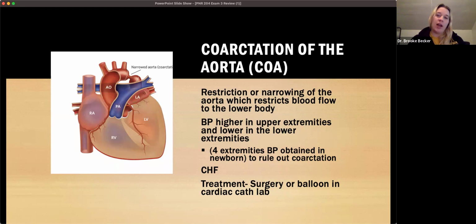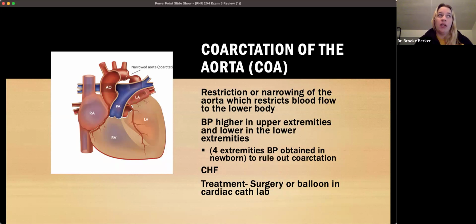That was a coarctation that I saw as a newborn, and they just weren't eating very well. So we ended up finding that they had significantly different blood pressures, and sent them to cardiology. These kids are at risk for CHF, congestive heart failure, if it's not addressed.